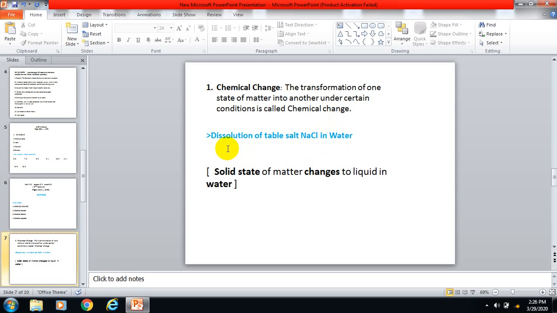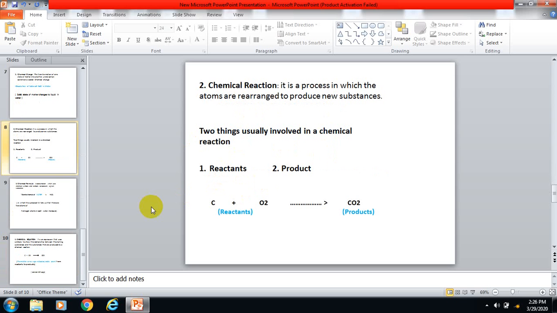A chemical change occurs here. The solid state of matter changes to liquid in water. The NaCl was solid before, and it changes into liquid by putting it in water. Understand? We call that a chemical change.